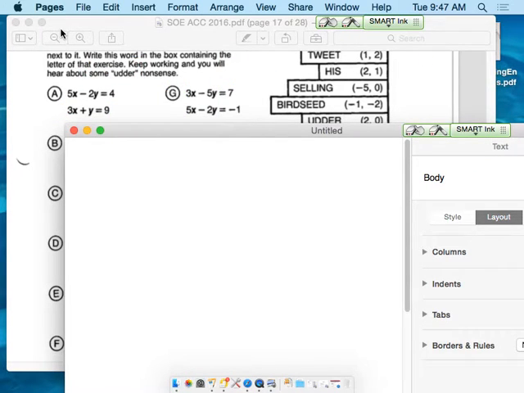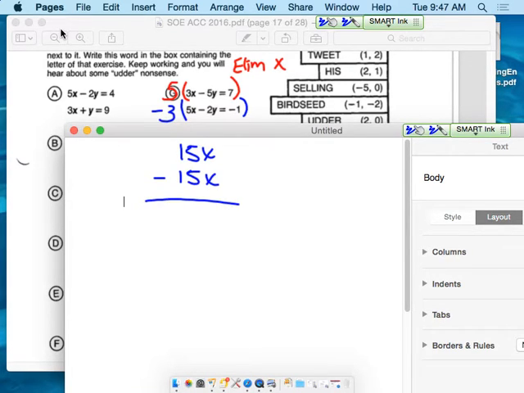If I wanted to eliminate x, I would multiply the first equation by 5, and I would multiply the second equation by negative 3. That way I would have 15x and negative 15x, so that when I added those together, they would sum out to 0. So let's run through one full example on the video.